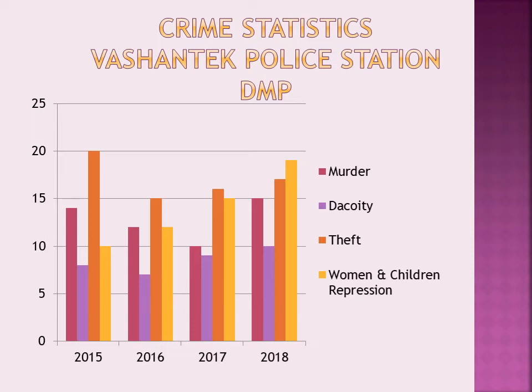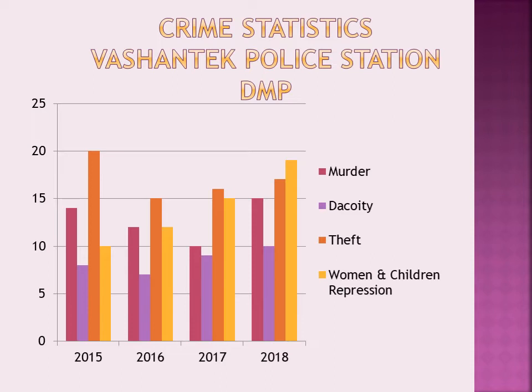The red bar suggests murder, dacoity is in purple, theft in orange, and women and children repression in yellow. So there is not only one topic. We are going to deal with multiple topics. I'm going to give you an example with one topic. In the course of your writing, you have to deal with each and every topic in the same way.